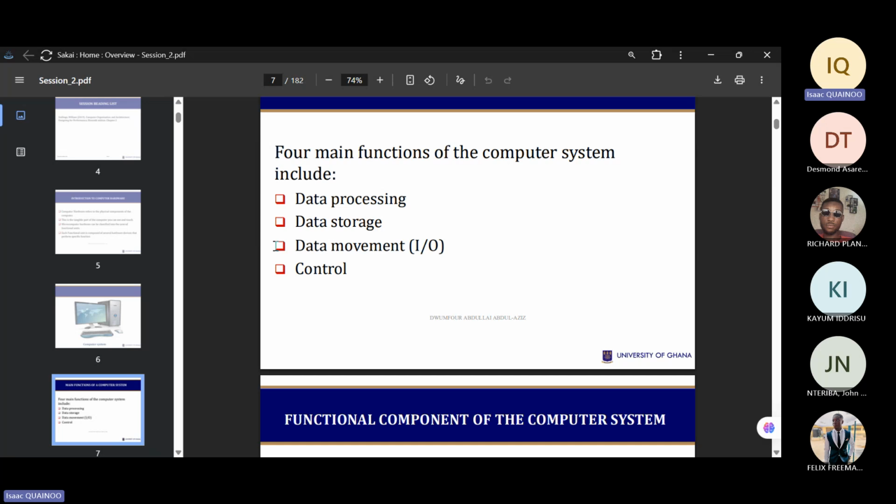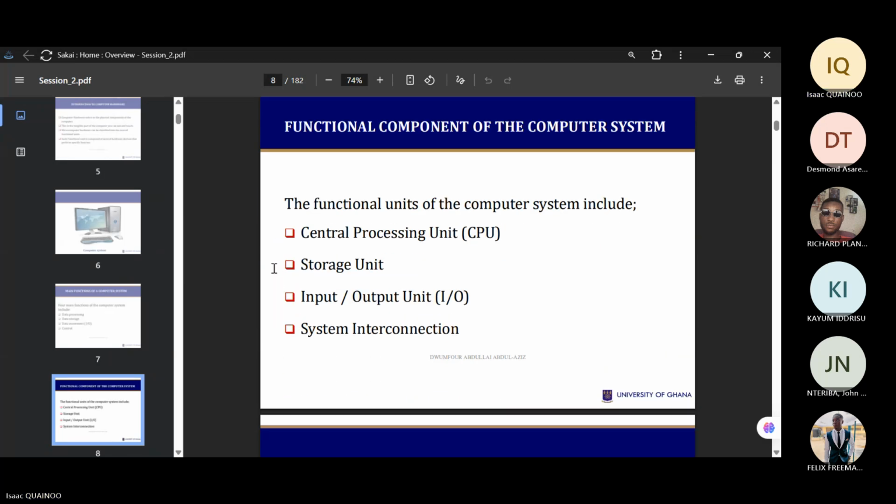If you cannot feed it with data, it has no processing power if it cannot accept input. And once it cannot accept input, that means there is no way the computer can return any meaningful output also. And three, the computer should also function as control. And this is one thing that we are going to really explain in this session.